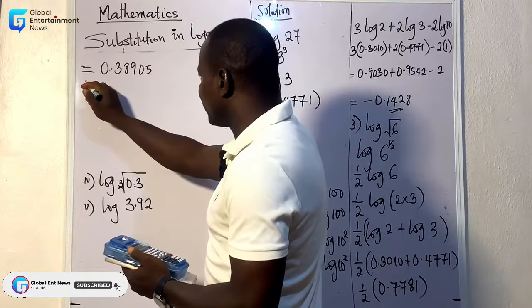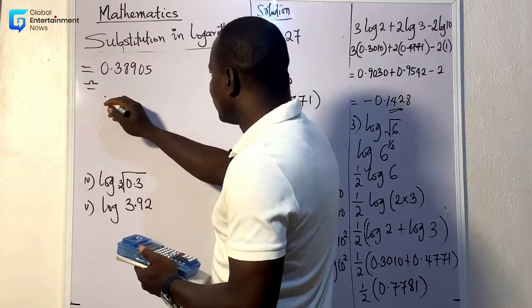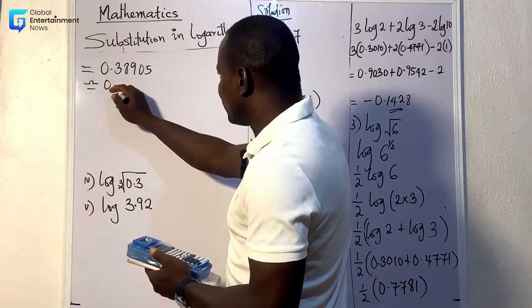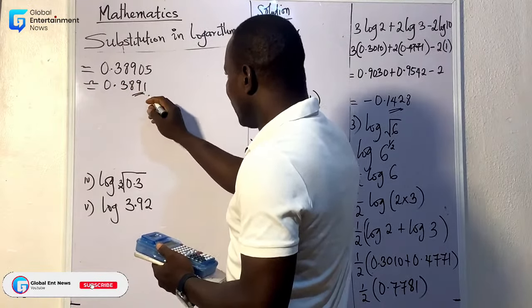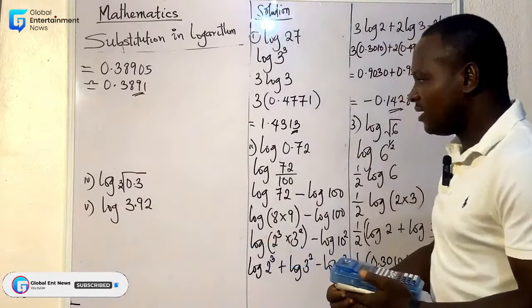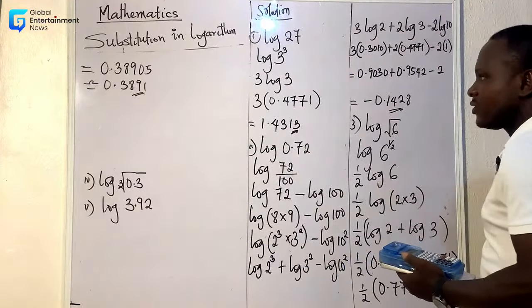I can approximate it to 4 decimal places, giving me 0.3891. And that is my final answer for the third question.